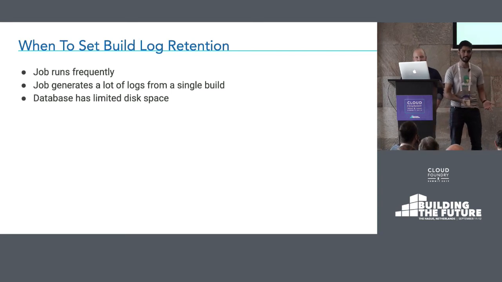That's a lot of data to be saving in the database itself, because it'll take up a lot of disk space. So that's one job where we only want to keep the most recent builds. Anything that generates a lot of output frequently, or even just generates a lot of data in one shot when you run it once, are both very good reasons for setting a build log retention policy.